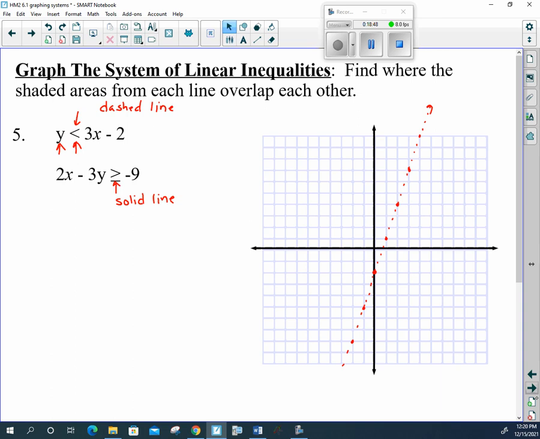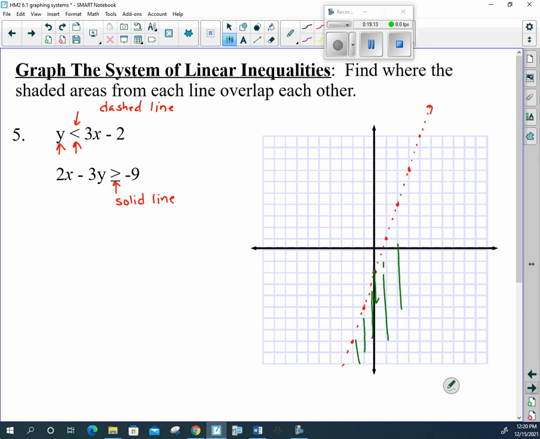So since it's less than, you have to decide, are you shading above or below the line? So it says y is less than, so on lines, a good trick is to go find out where your graph crosses the y-axis. So it crosses right here. So just start right there, put your pencil right there, and less than would be below. And now you can see you're shading all of this area over here.